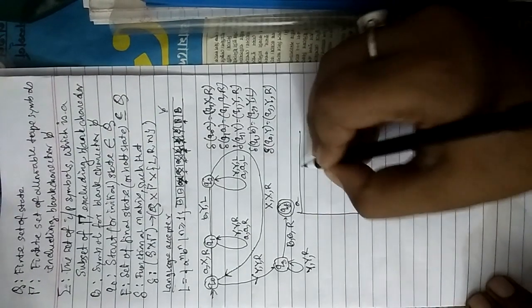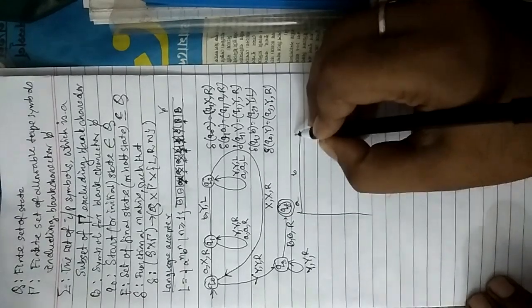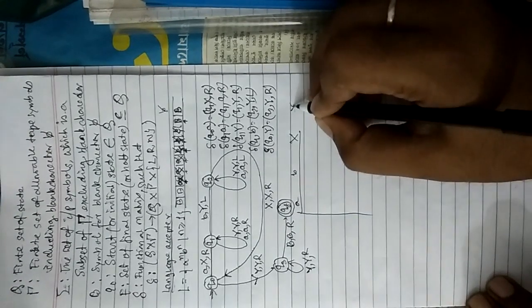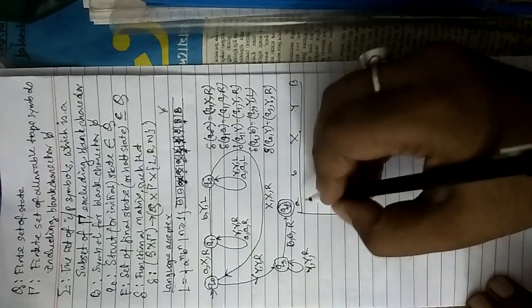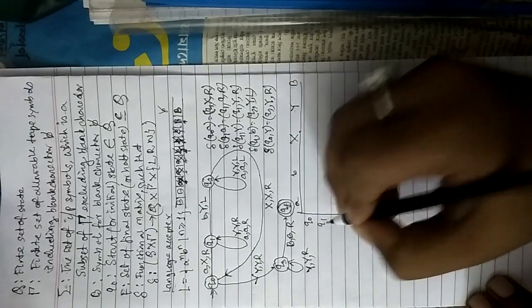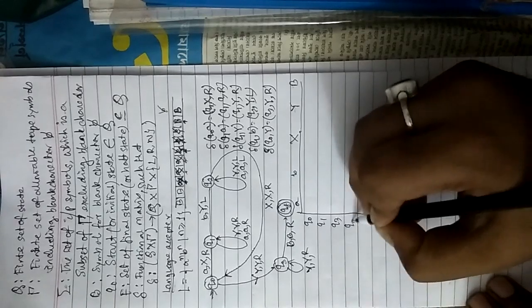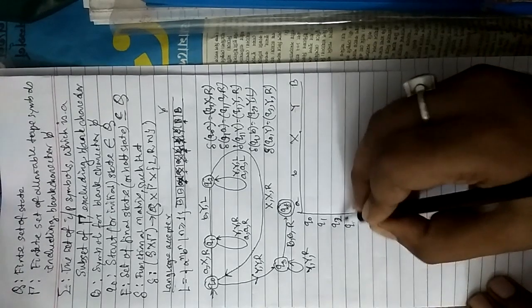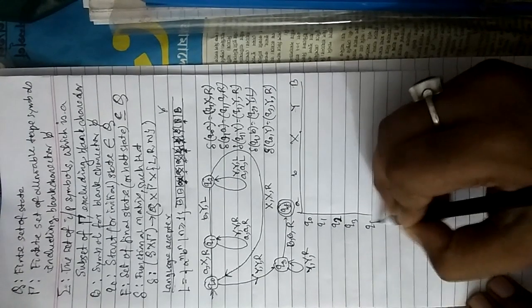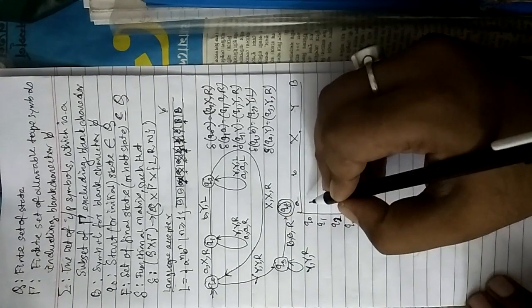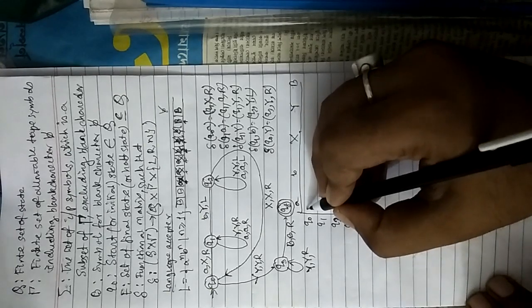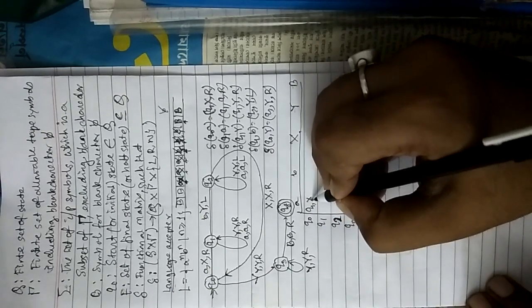Inputs are A, B, capital X, Y and blank, and states are Q0, Q1, Q2, Q3 and QF. So Q0 on A, I can write this way, Q1 X R.